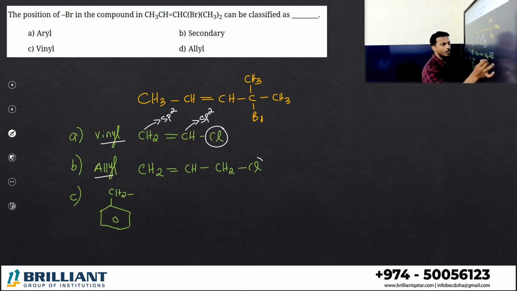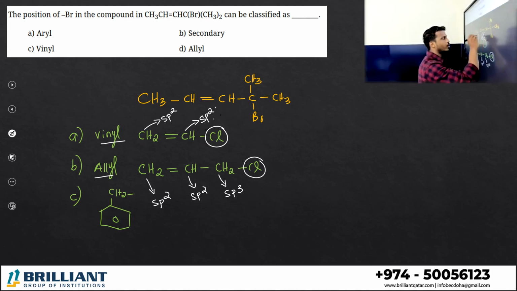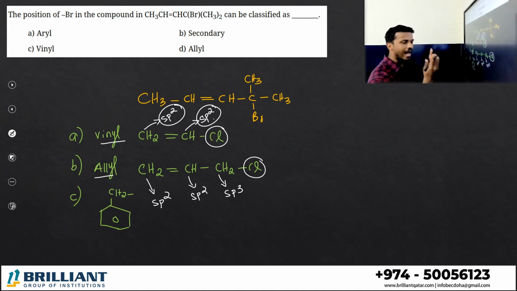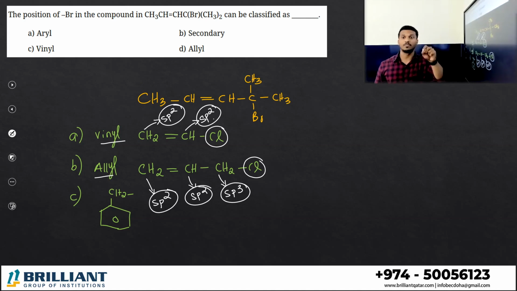In the allyl group, the chlorine connected carbon is a single bond connected carbon, therefore sp3, and the double bond connected carbons are sp2, sp2. In this way you have to identify whether it contains vinyl or allyl. In vinyl, the halogen connected carbon should be sp2, sp2. In allyl, the halogen connected carbon should be sp3, sp2, sp2. This pattern must be there.